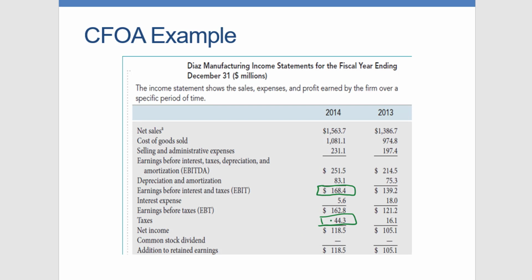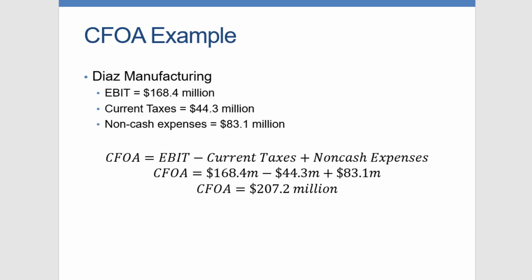We do this one minus this one, and add back that depreciation expense. It'll look something like this, and that's how we get to cash flows from operating activities.